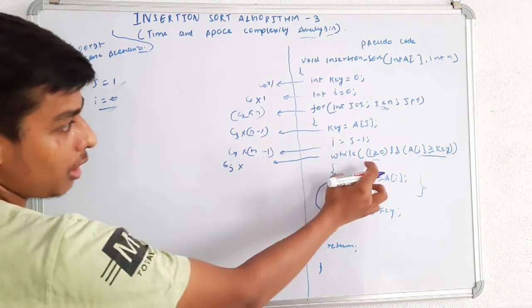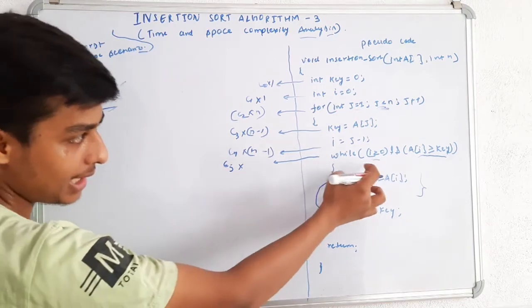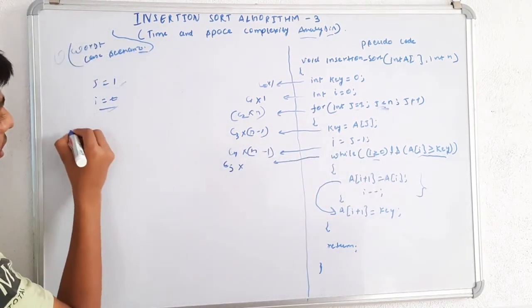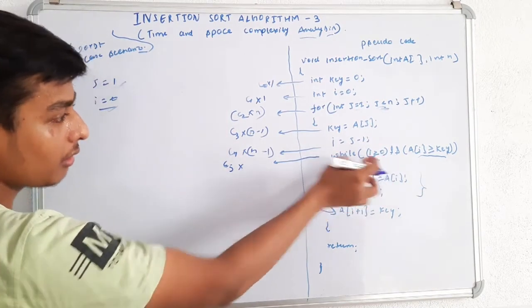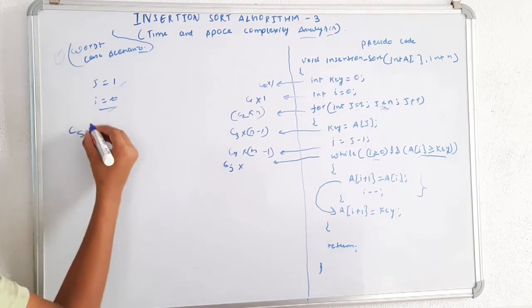When the i value is 0, it will check this condition and find that it's true. That means it will be executed one time, and hence the execution time as of now is c5.